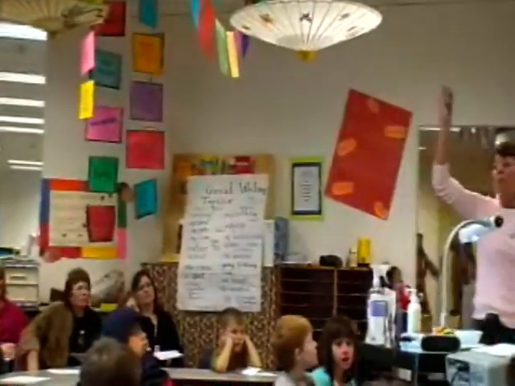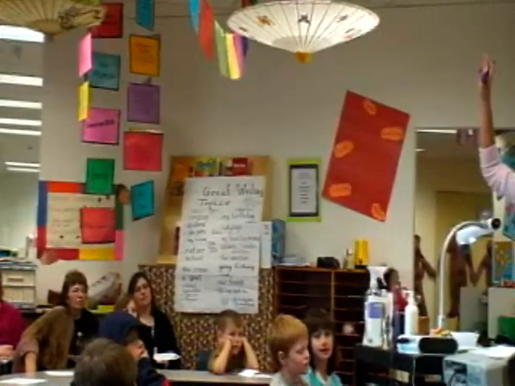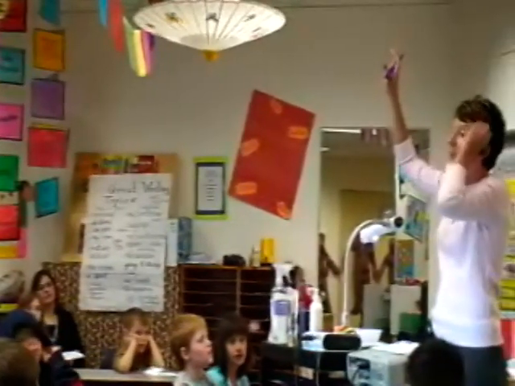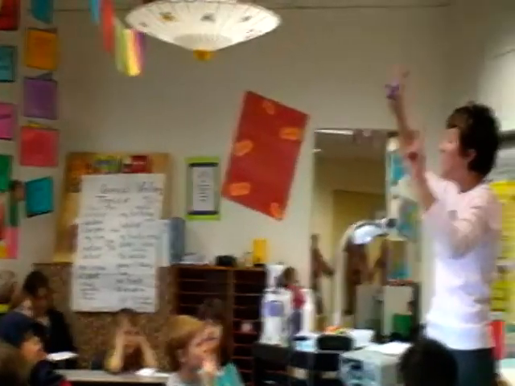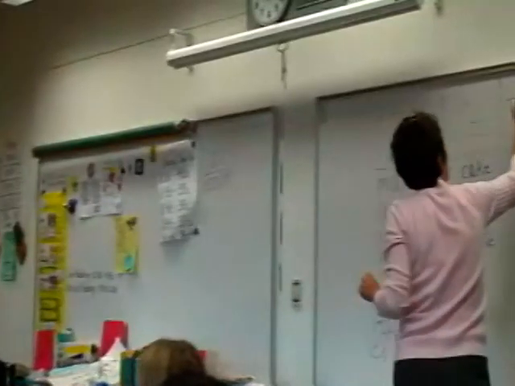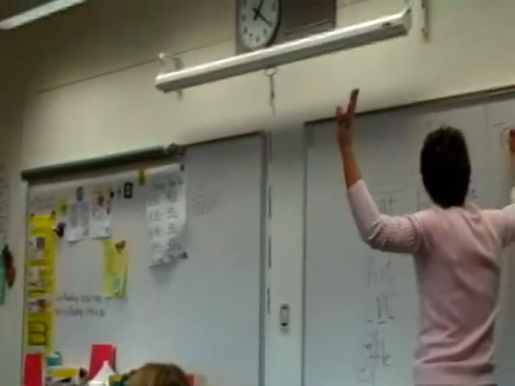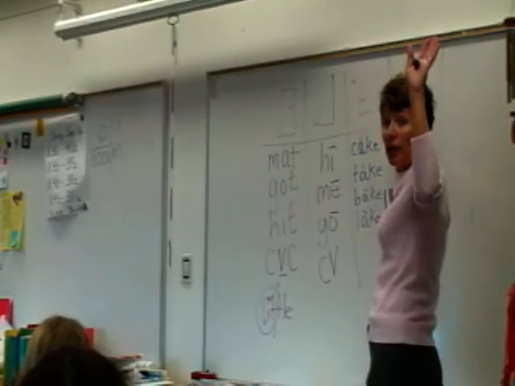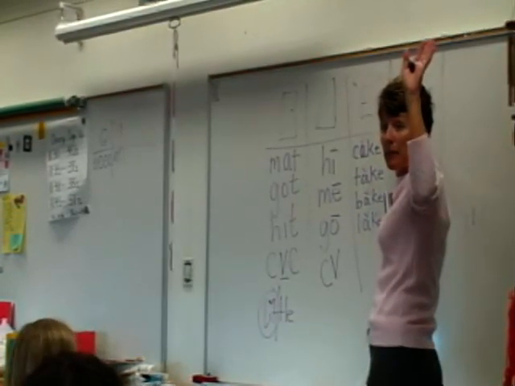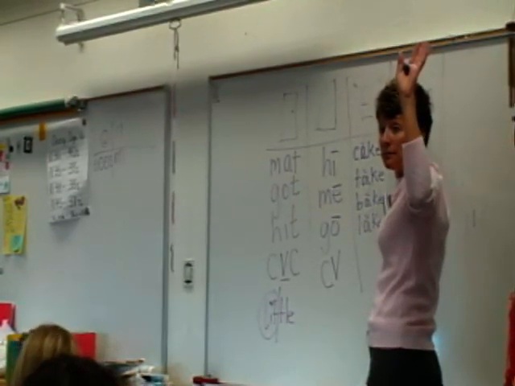Okay, that is the poem that you can use in your head to remember what your vowels are. Now, teams are when two vowels work together to make one sound. So, for example, team. E-A, the E-A in here is working as a team to make the long E sound.